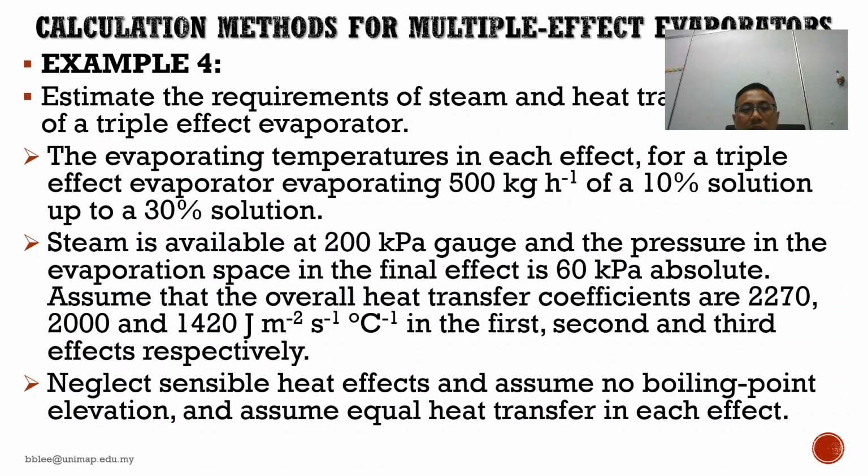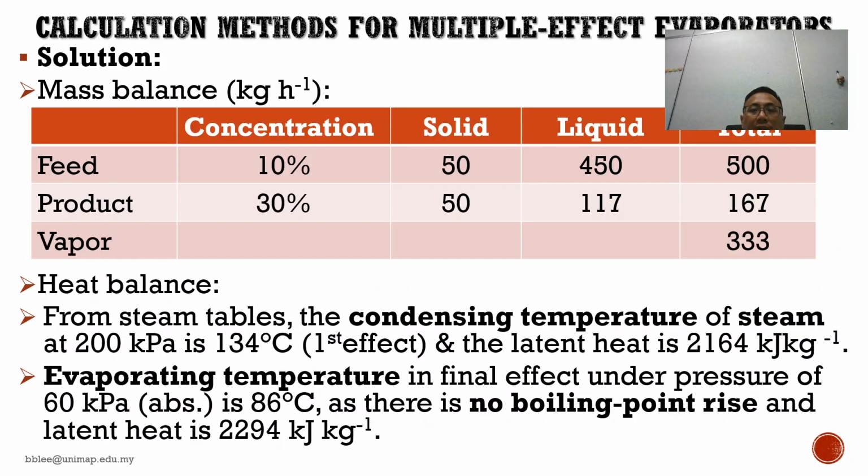Assume that the overall heat transfer coefficients are 2270, 2000 and 1420 joule per square meter per second per degree Celsius in the first, second and third effects respectively. Neglect the sensible heat effects, assume no boiling point elevation, and assume equal heat transfer in each effect. Okay, so we can solve this.